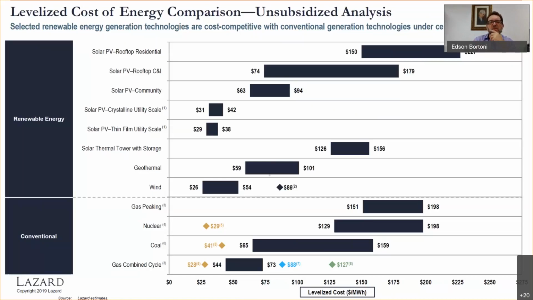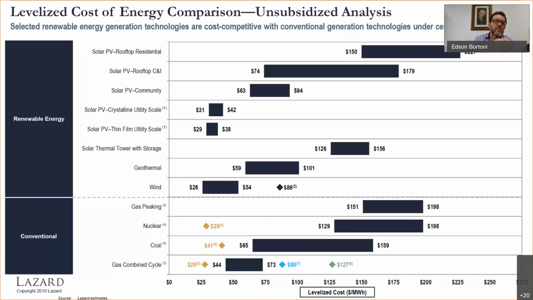Geothermal and wind we talked about here. You can see that renewable energy seems very competitive with the conventional in terms of energy cost. By the way, this information is from Lazard. Lazard is a consulting company.